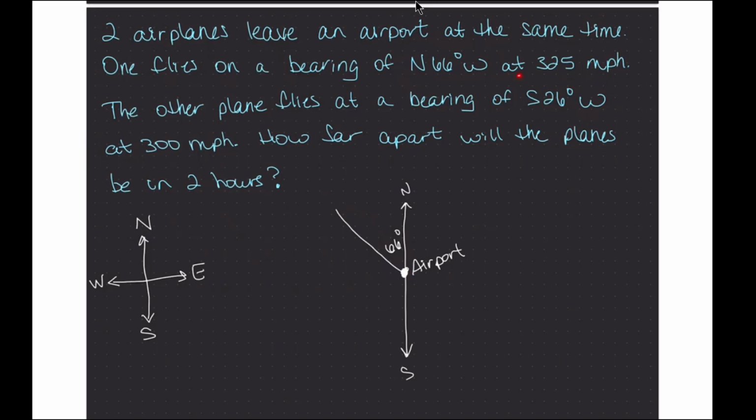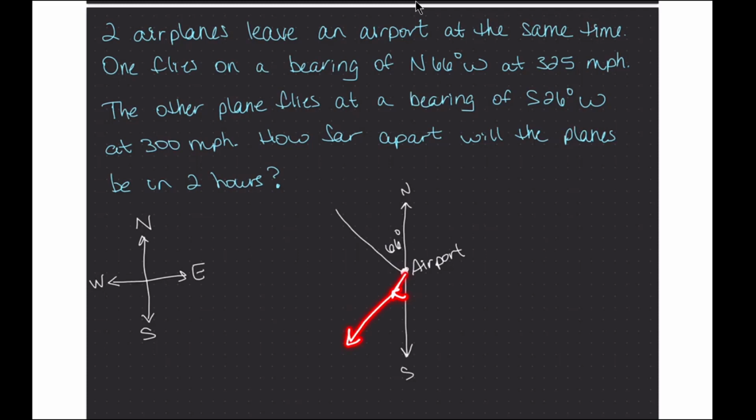So now I'm going to act like my other plane, and I'm going to take off from the airport. And this one's going southwest at 26. So I'm still going to start here at the airport, right? And I should be going south, but instead of going south, I'm going to go southwest. So I'm going to kind of go this way. And from the south axis, I'm going to go over 26 degrees, right?